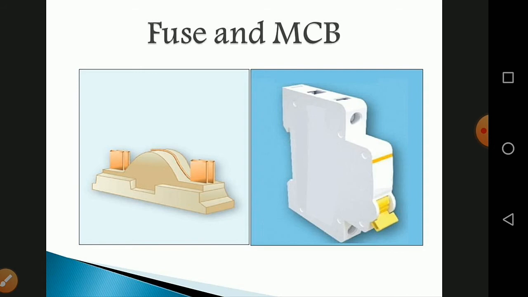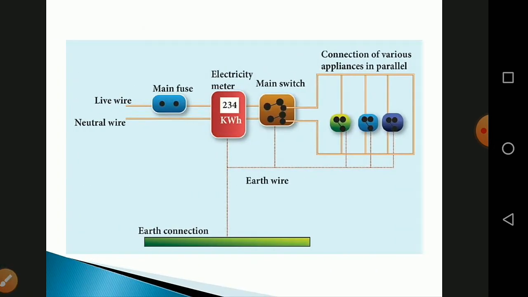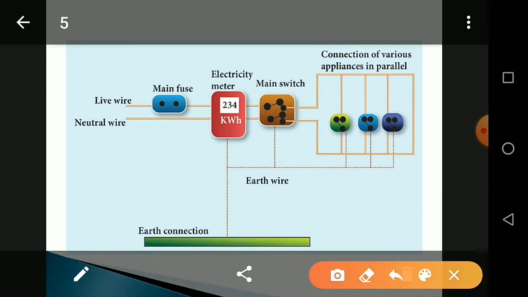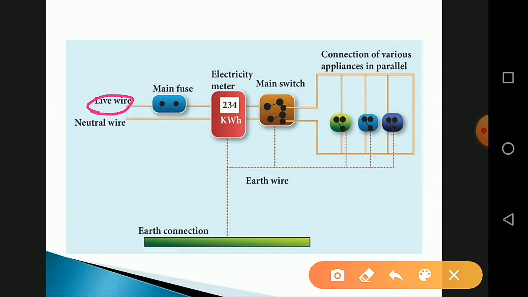The electricity is brought to the house by two insulated wires. Out of these two wires, one wire has a red insulation and is called the live wire. The other has a black insulation and is called the neutral wire.